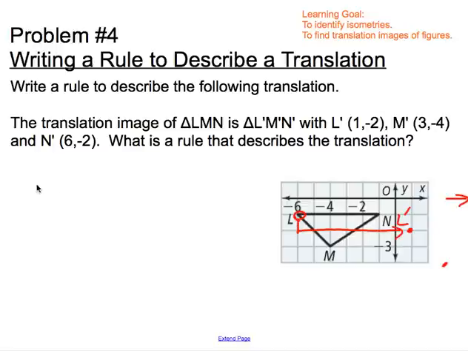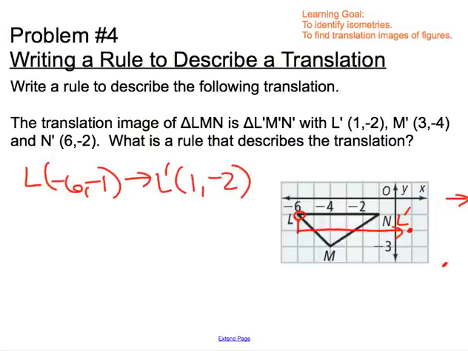So what we want to do is figure out how to get L, which is currently at negative 6, negative 1, and we want to figure out how to get to that L prime, which we're told is at 1 comma negative 2.